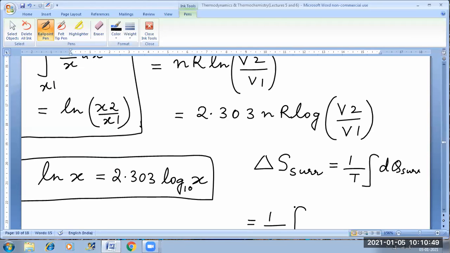Or in another way, if the system is losing heat, then the surroundings are gaining that same heat. So in either case, the magnitude of heat is the same. That means heat lost by surroundings is equal to heat gained by system. Or I can say that heat lost by system is equal to heat gained by surroundings.